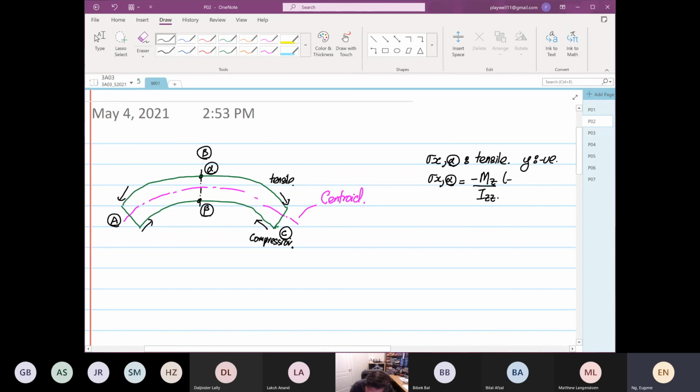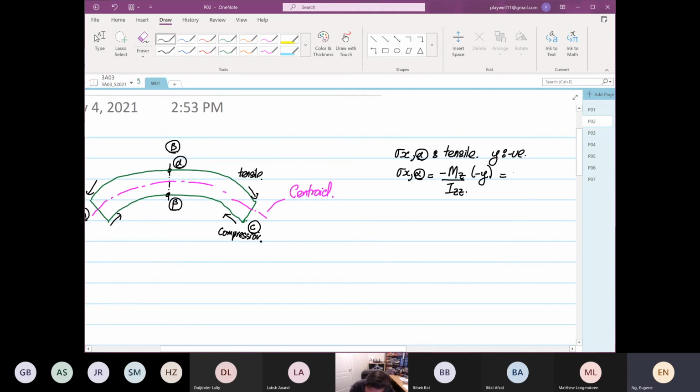And your Y has to be what? Negative. So that's why it's equal to positive Mz over Izz multiplied by Y. Okay. Whereas in stress X beta, right, we know that it's going to be a compression.